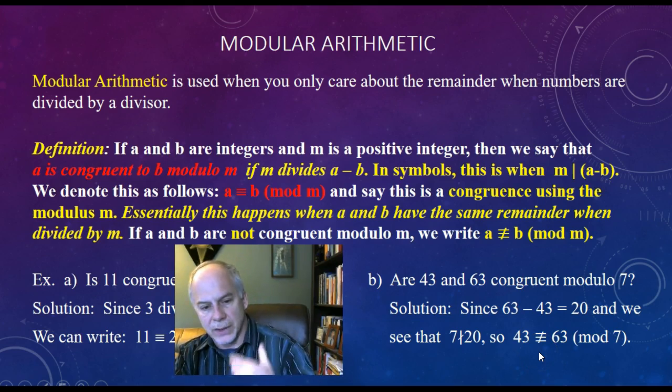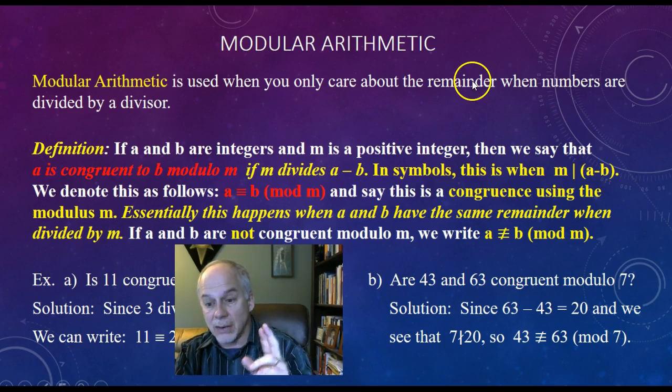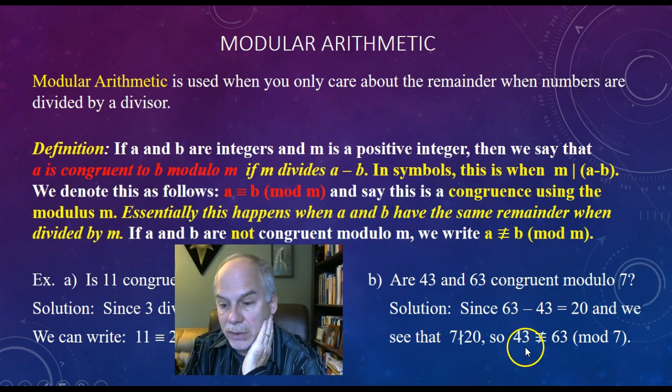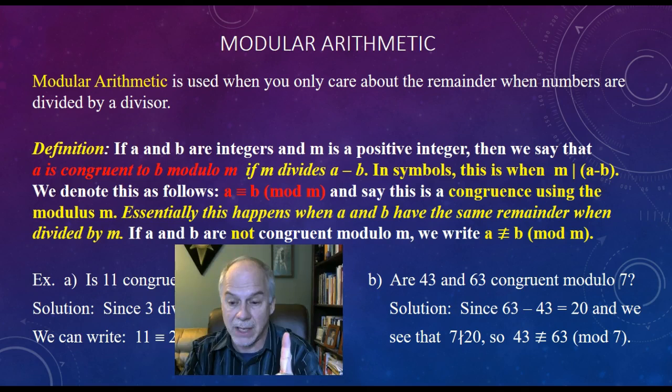All right, so the quick, easy test is if the mod, which is 7 here, divides into the difference of the two numbers. Now, you can also think of it as, do they both have the same remainder when you divide them by 7? What's the remainder when you divide 43 by 7? It's just 1, right?